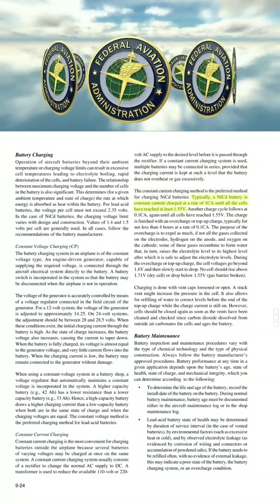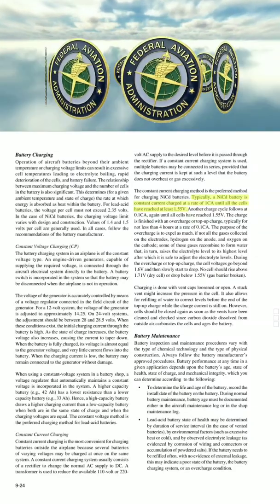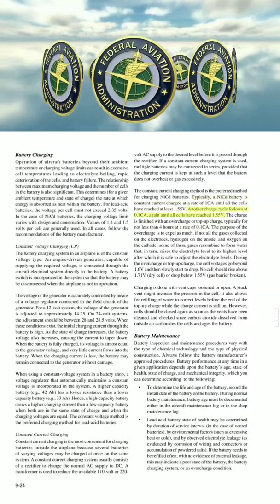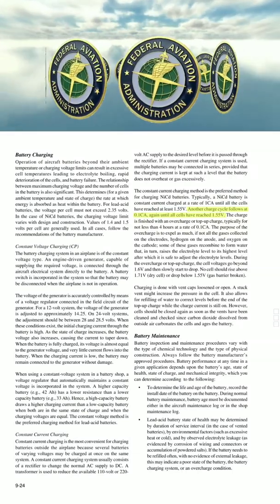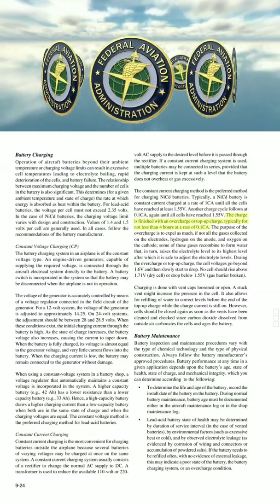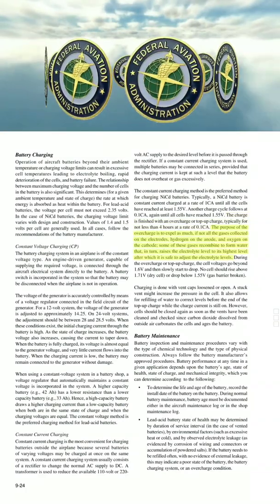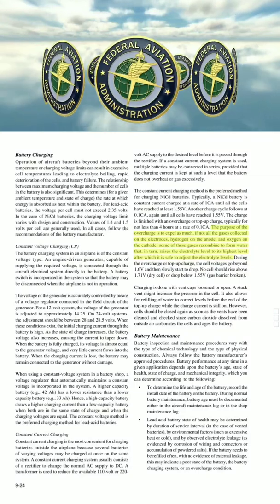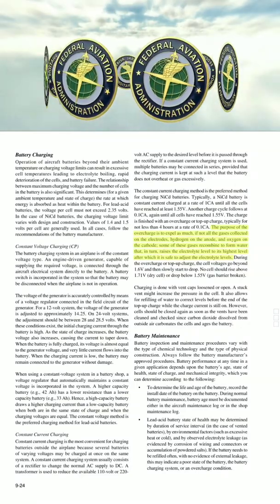Typically, a NiC battery is constant current charged at a rate of 1 C until all the cells have reached at least 1.55 V. Another charge cycle follows at 0.1 C, again until all cells have reached 1.55 V. The charge is finished with an overcharge or top-up charge, typically for not less than 4 hours at a rate of 0.1 C. The purpose of the overcharge is to expel as much, if not all, of the gases collected on the electrodes, hydrogen on the anode, and oxygen on the cathode.